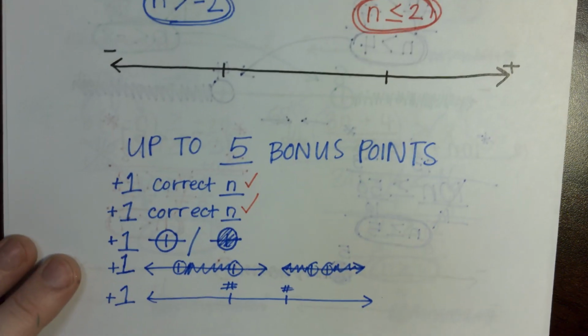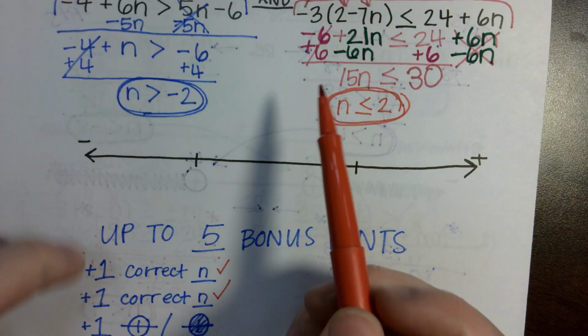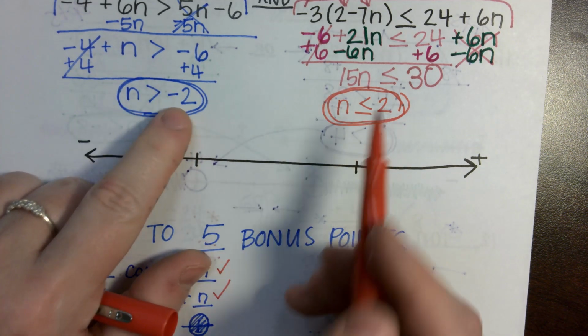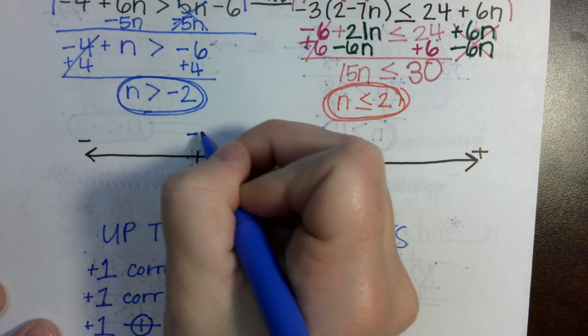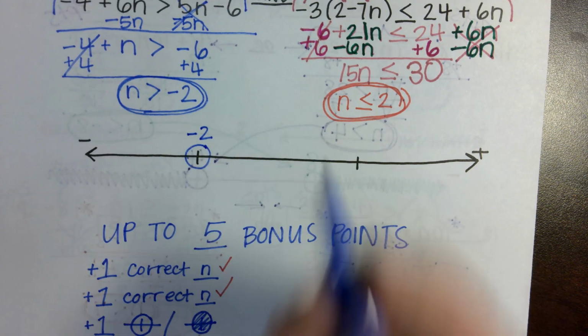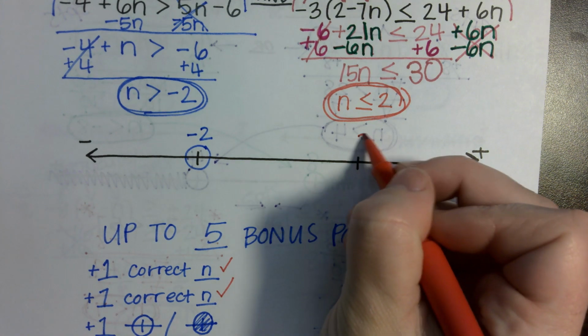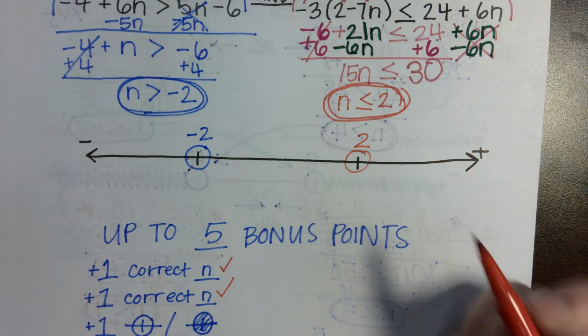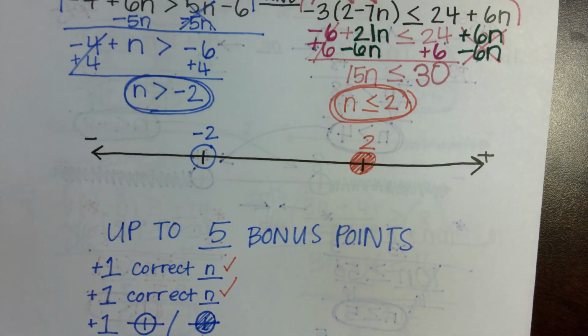+2 already. Now I need to make sure my circles are correct. So first of all, where does each of these 2's go? -2 on the left. -2 comes first. We got open circle. Perfect. +2 is next. And is that open or closed? Closed. Good. And where do I shade?